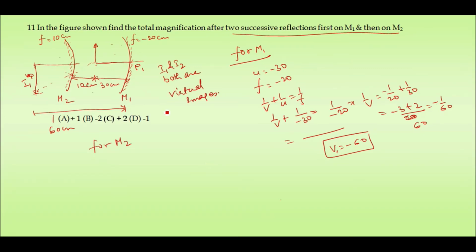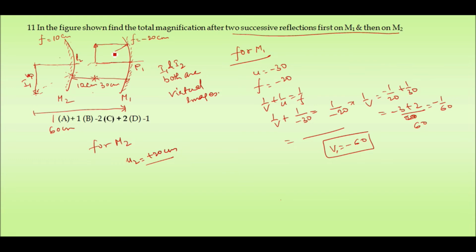For M2, we write the object distance as U2, and U2 is equal to plus 20 centimeter. So we have to consider the object distance from the pole of this convex mirror, that is P2, and again I1 serves as an object for this convex mirror. So if I draw the ray diagram, then the ray diagram will be like that.